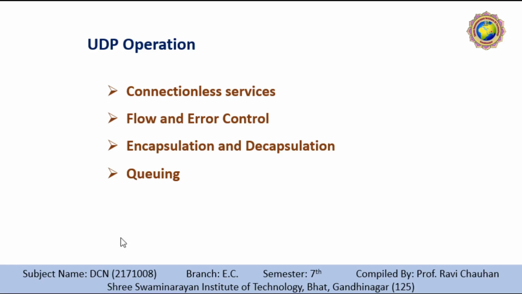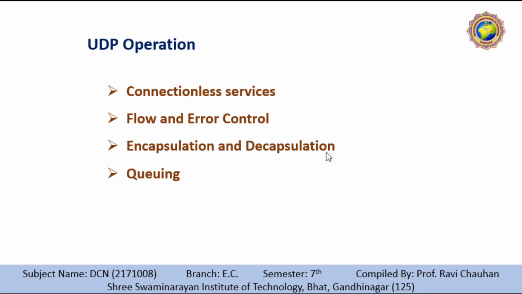Next is UDP operation. UDP uses concepts common to the transport layer. These concepts will be discussed here briefly and then expanded in the next session for the TCP protocol. First is connectionless service. As mentioned previously, UDP provides a connectionless service. This means that each user datagram sent by UDP is an independent datagram.